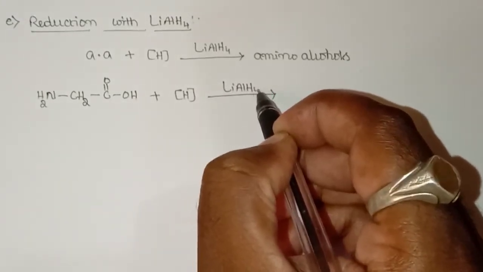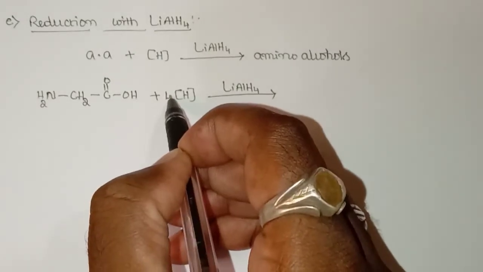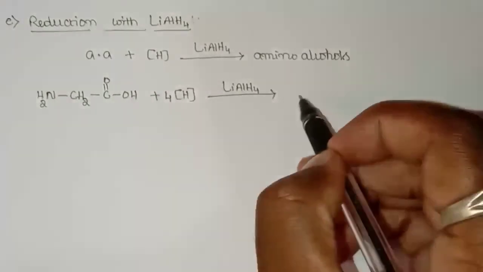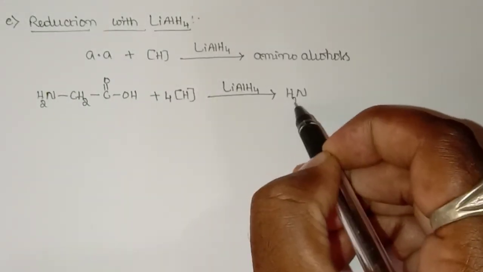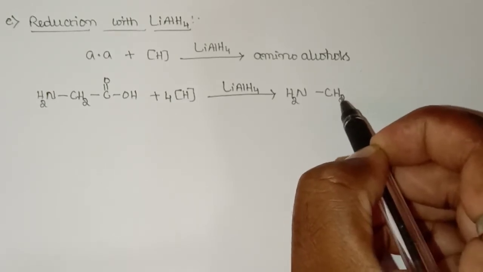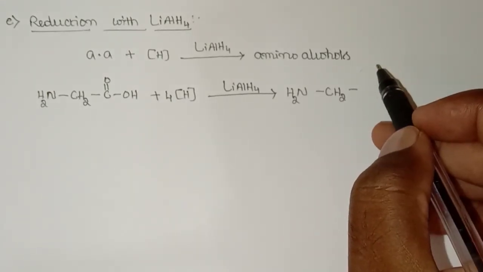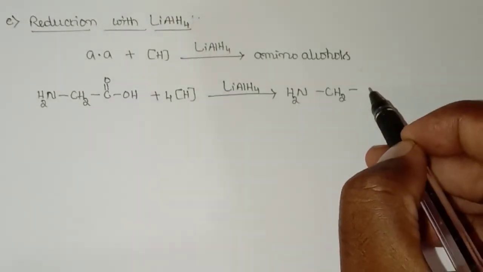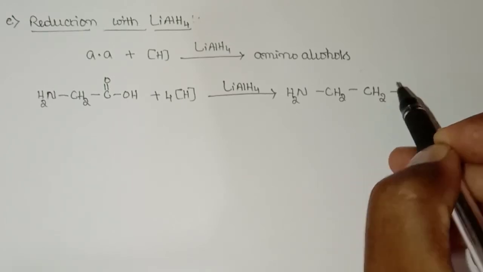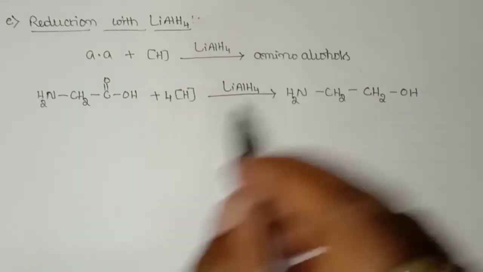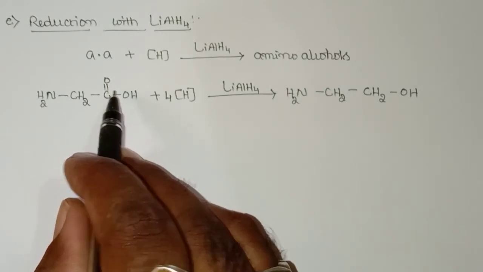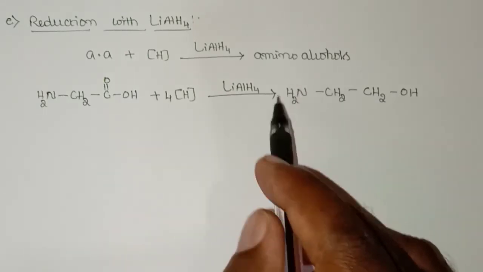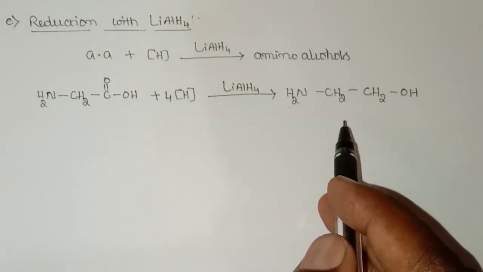In presence of lithium aluminum hydride, 4 moles of nascent hydrogen will be utilized, and this NH2 will remain as it is, CH2, and this carboxylic acid group will completely change, the carbonyl group changing into a methylene group, and this OH will remain as it is. So 1 unit of water molecule will get eliminated so as to form the corresponding amino alcohol. So here we have both an amine group as well as an alcohol group.